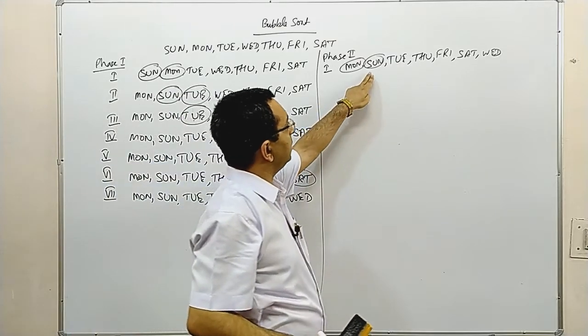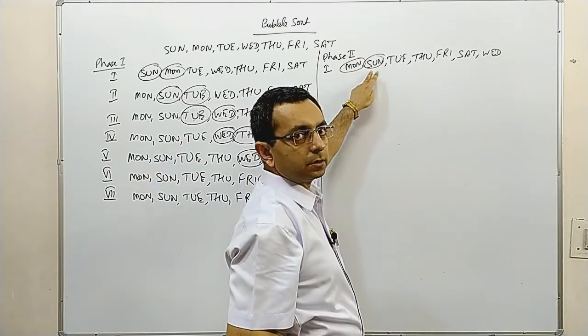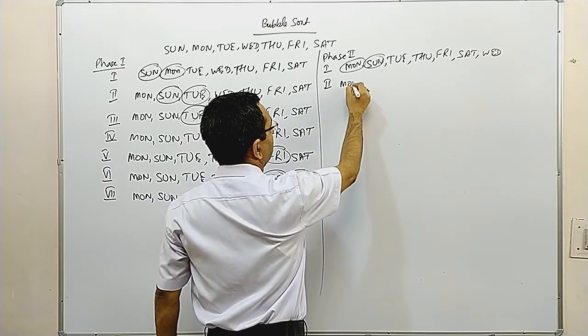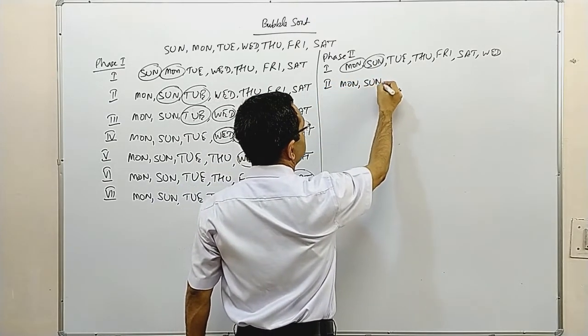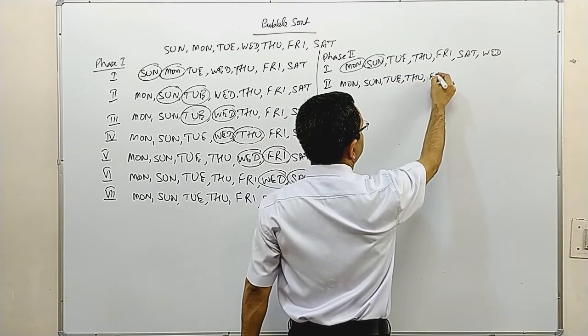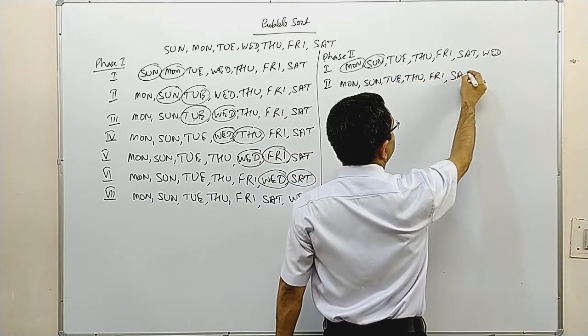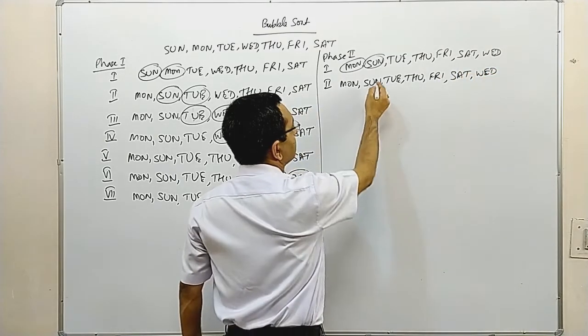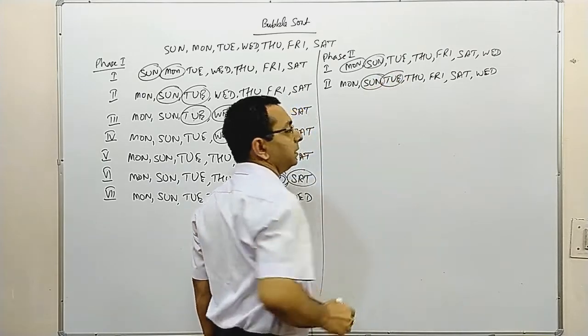Monday is compared with Sunday, because M is smaller than S, so it will remain the same. So in the next step, Monday, Sunday, Tuesday, Thursday, Friday, Saturday, Wednesday. Now Sunday will be compared with Tuesday.